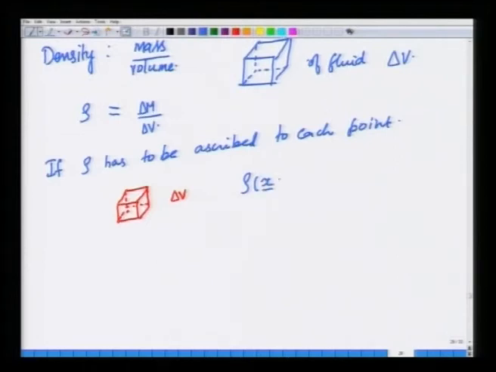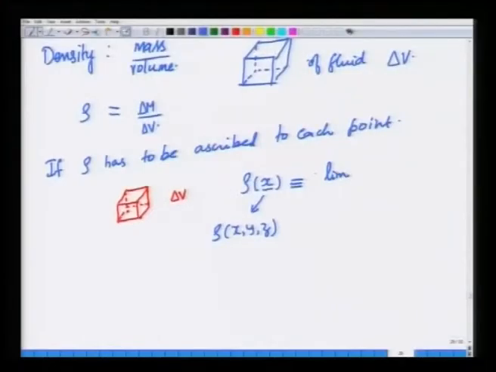The position vector x is defined as rho, a short form for rho as a function of x, y, z, defined as a limit of the density around this point, denoted by x with respect to a coordinate system.